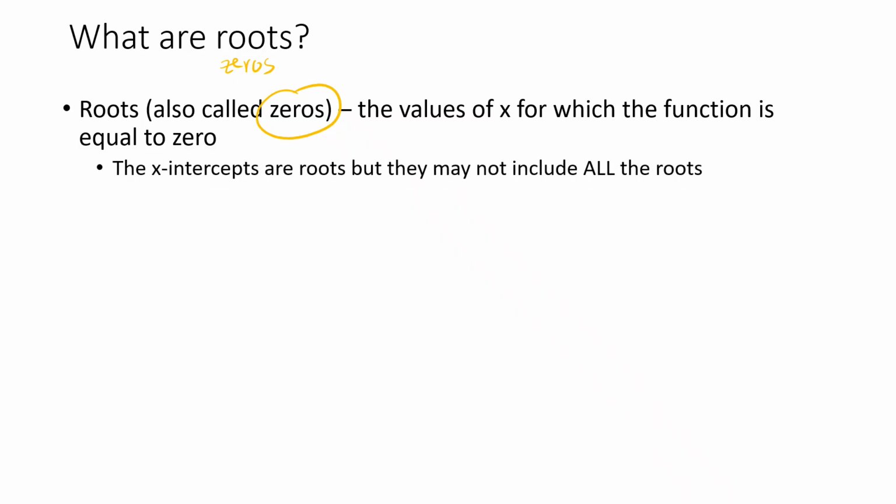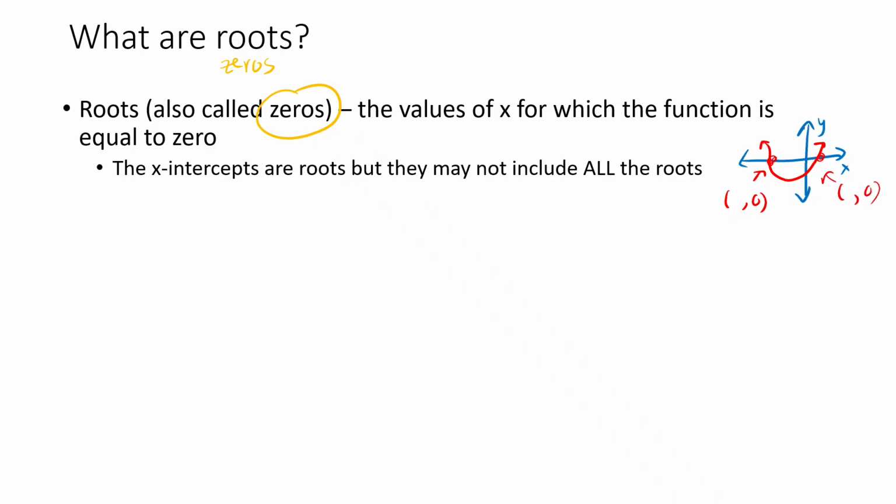Now, the x-intercepts are roots, but they may not include all the roots. Just so we can be clear about that, if you have your xy plane, and we have some kind of graph on it, your x-intercepts are where your y value is equal to 0.